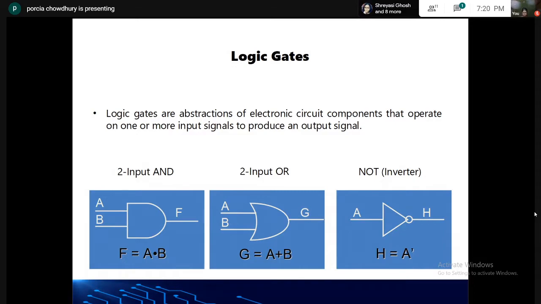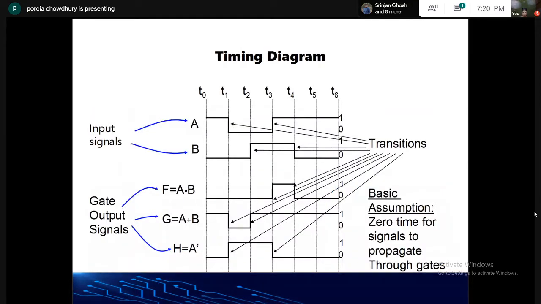Fine. Now this timing diagram: when we do a hardware lab, we never observe this timing diagram as output. But just for the sake of denotation, I want to mention that in digital logic, 1 will be represented as a high state and 0 will be represented as a low state.